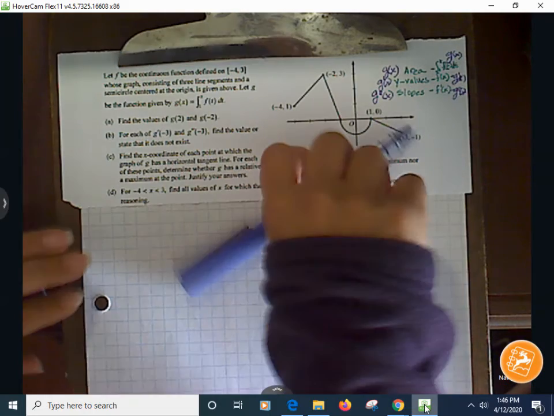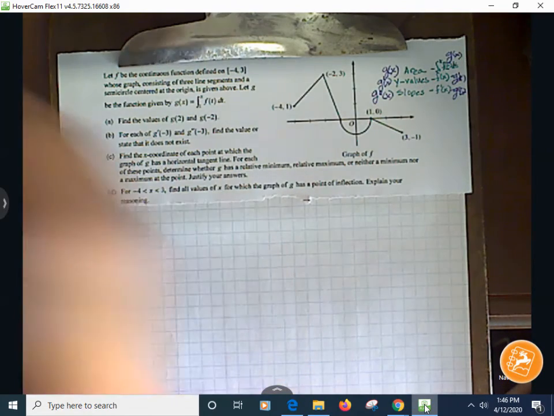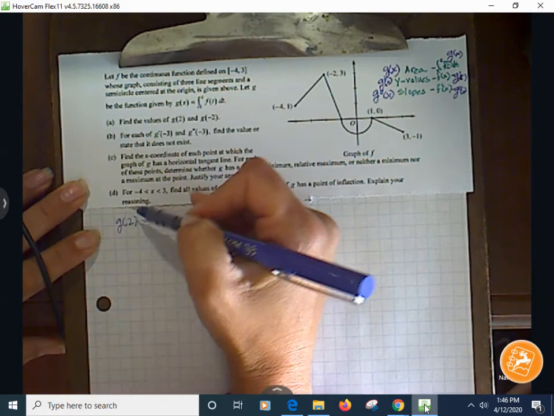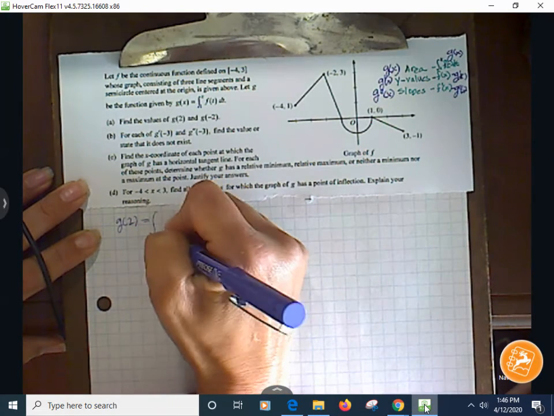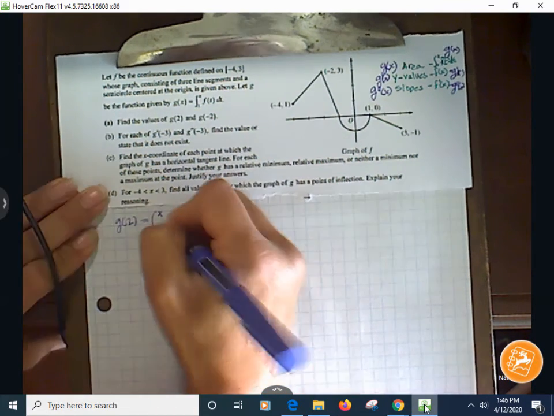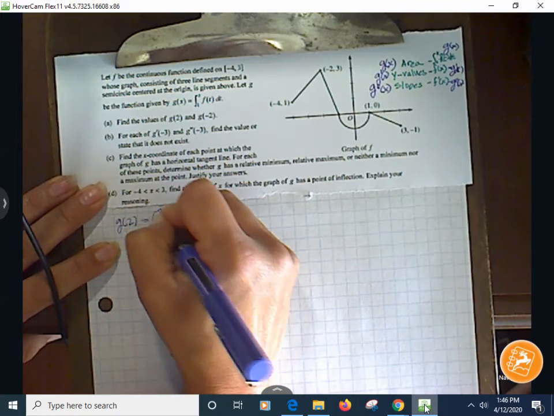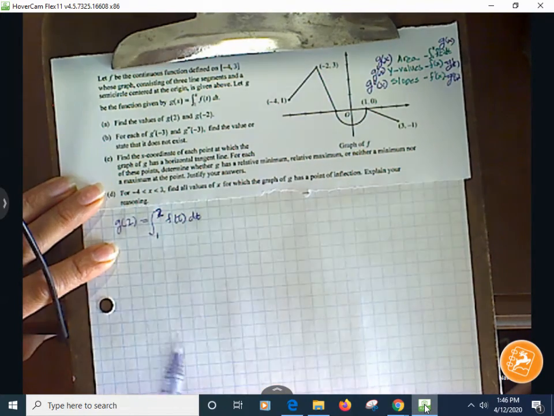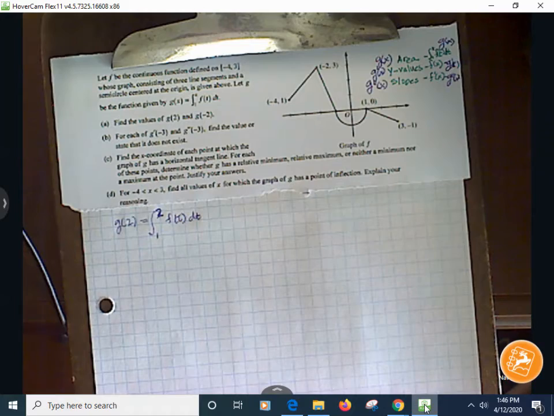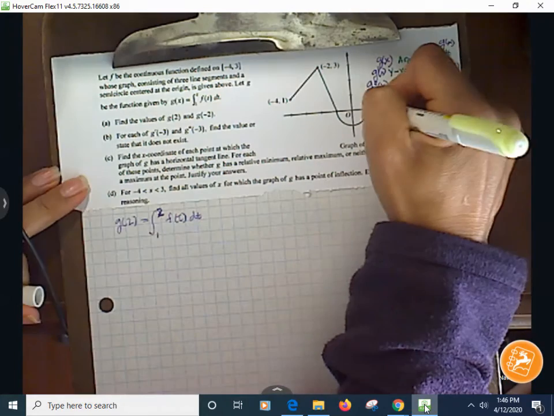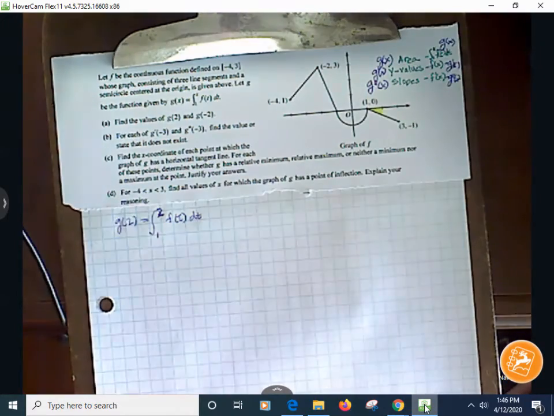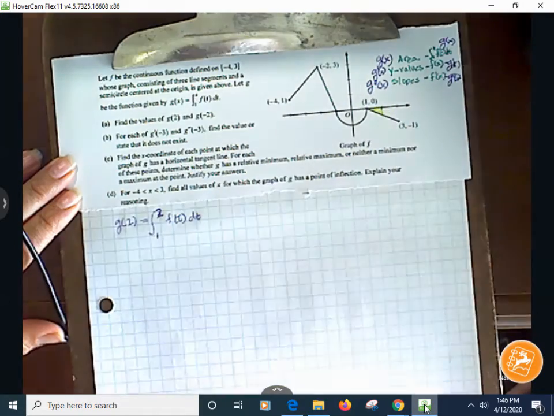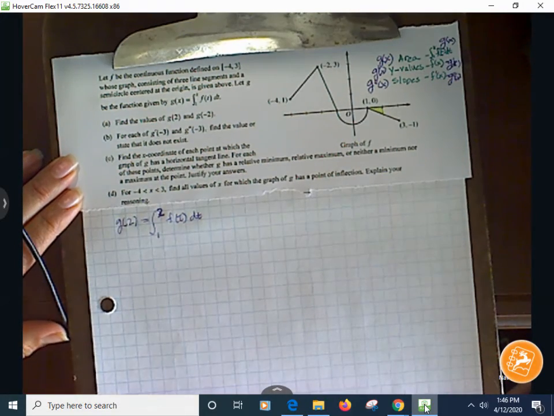Okay, and so now if I want to find the value of g of 2, I replace this x with 2. I'm sorry, this is 1 to 2 of f of t dt. And so that represents the area from 1 to 2. You can see that that area is going to be negative because the entire area lies below the x-axis.